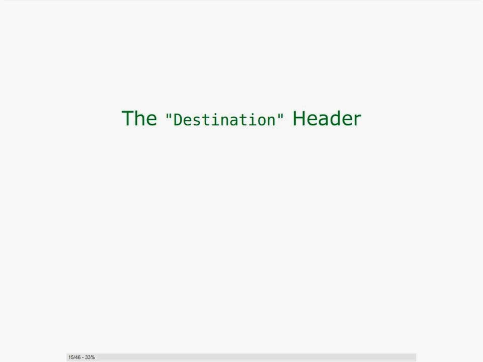Now, a central concept in STOMP messages is the destination header. So when I send a message or when I subscribe, I'm going to provide a destination header. And the destination expresses what it is that I'm subscribing to, or what the message that I'm sending is about, or who it is for. The destination itself is an opaque string, meaning that it can be anything. There's no specified syntax for what it should contain.